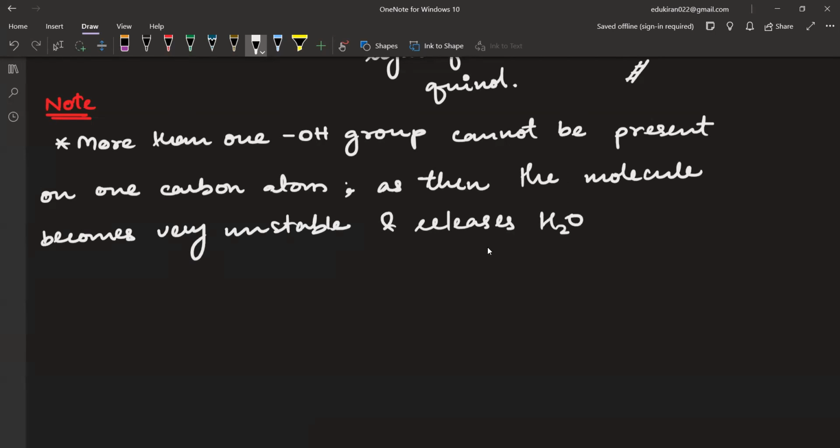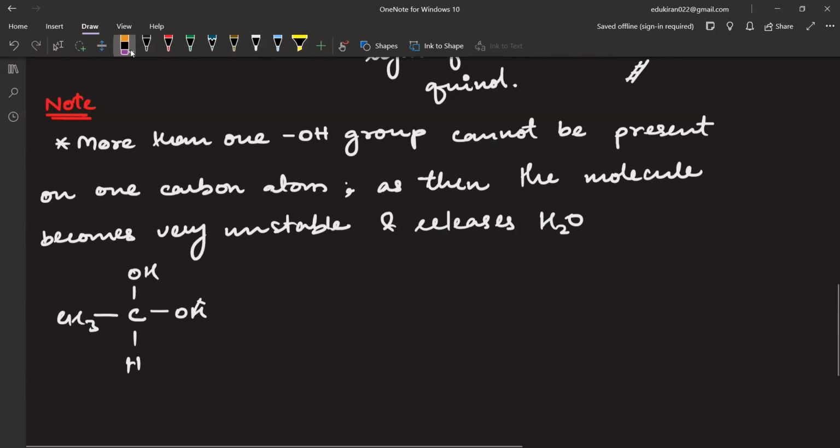So for example, if you have CH3 and then a carbon atom which has one hydrogen and is attached with two OH groups, then what happens actually? What you will see here is that an H2O molecule will get liberated.